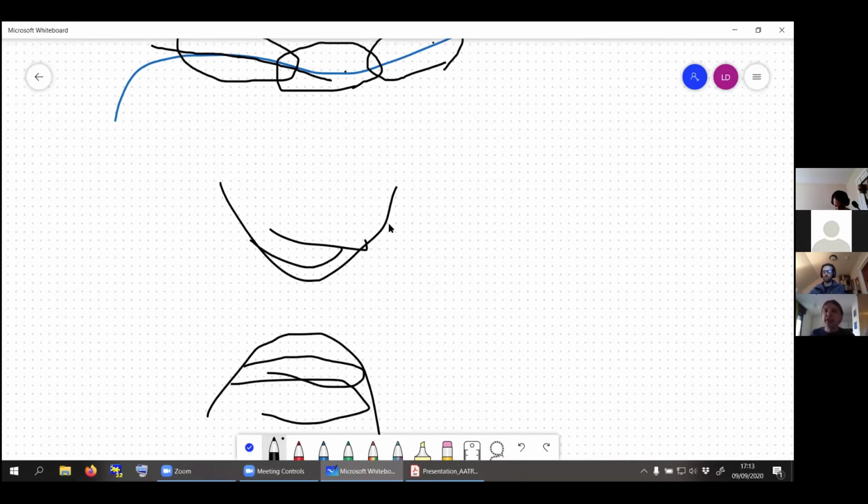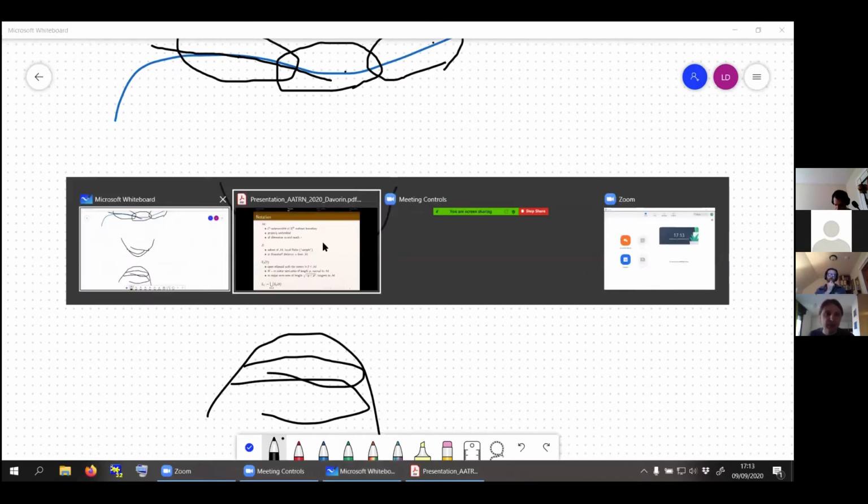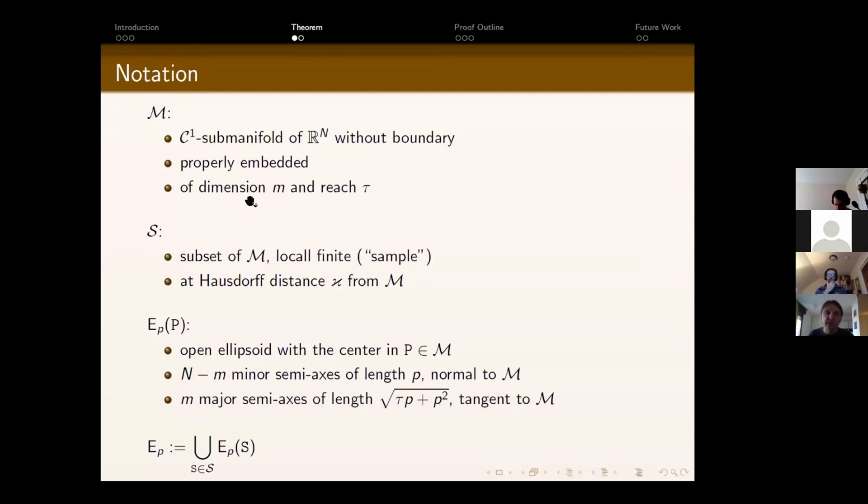The thing can expand into the infinite, but the boundary, so to speak, has to be entirely contained in the infinity. That's the intuition behind being properly embedded. So it's just some generalization that we can get for free.